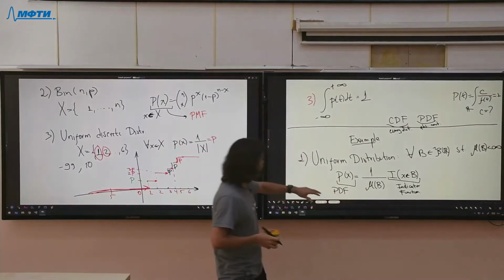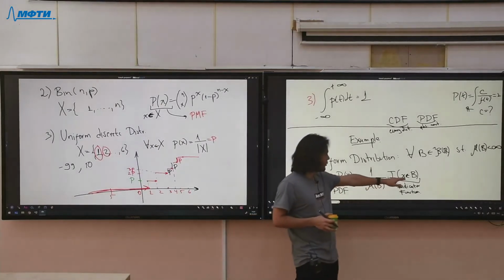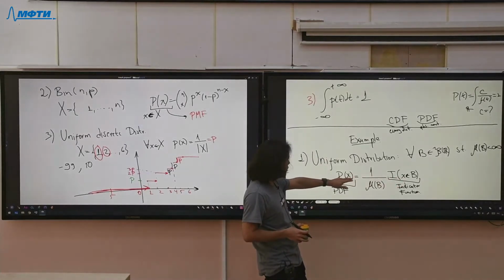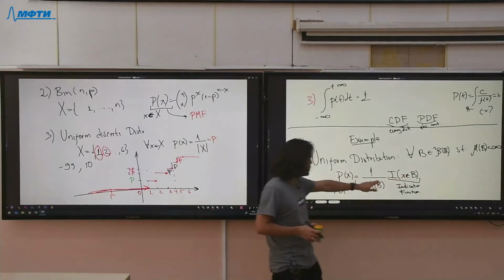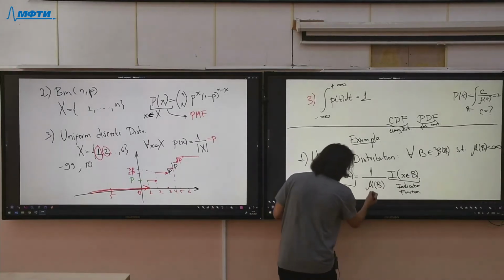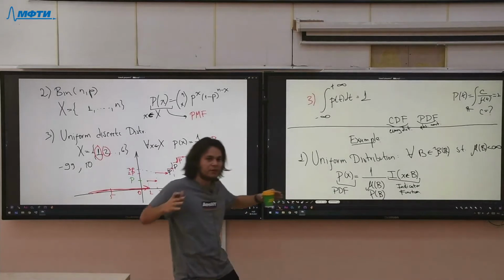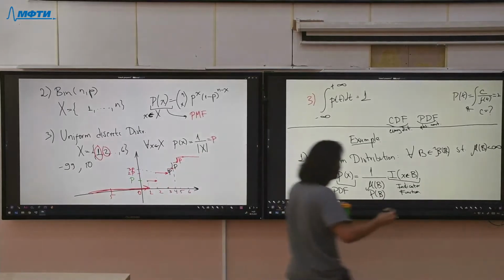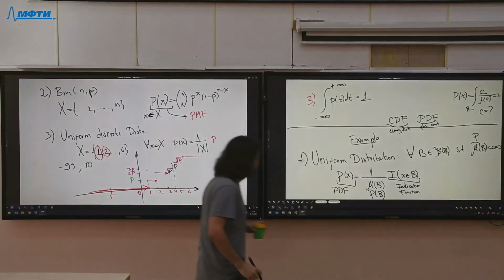So the PDF of every point x is equal to 1 over the probability of B if x belongs to B. Measure, I mean probability here, so how big B is. Don't forget that this mu means P.